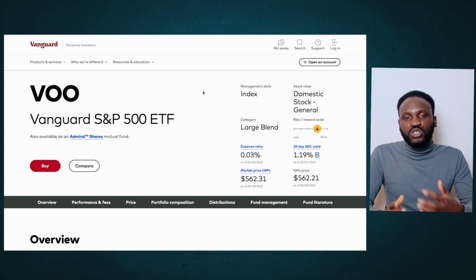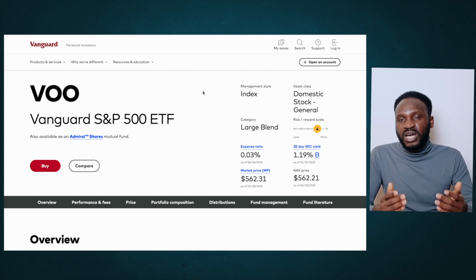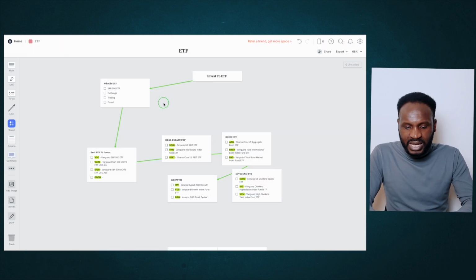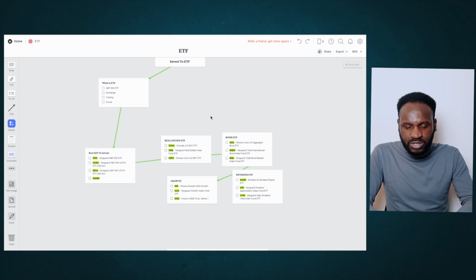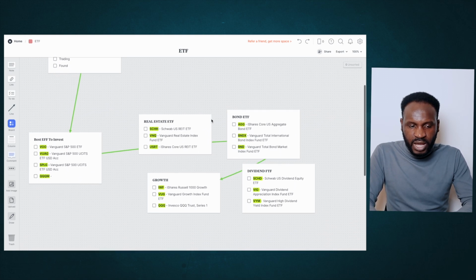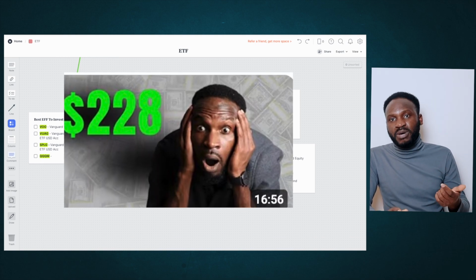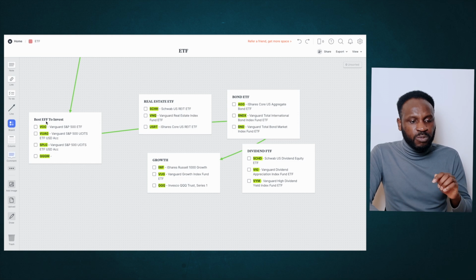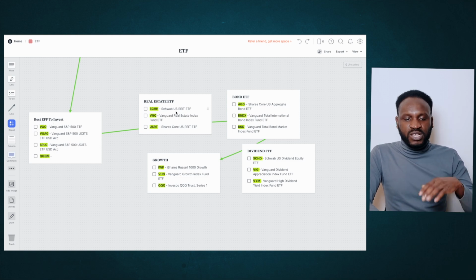So let me show you the top S&P 500 that you can invest your money on if you want to start doing them today. You can see on my notepad here that I have listed the best S&P 500 that you can invest your money on. I showed this in my last video where I talked about how you can invest your money into S&P 500. You can see you can invest your money in the best ETF, and you can see other investments.